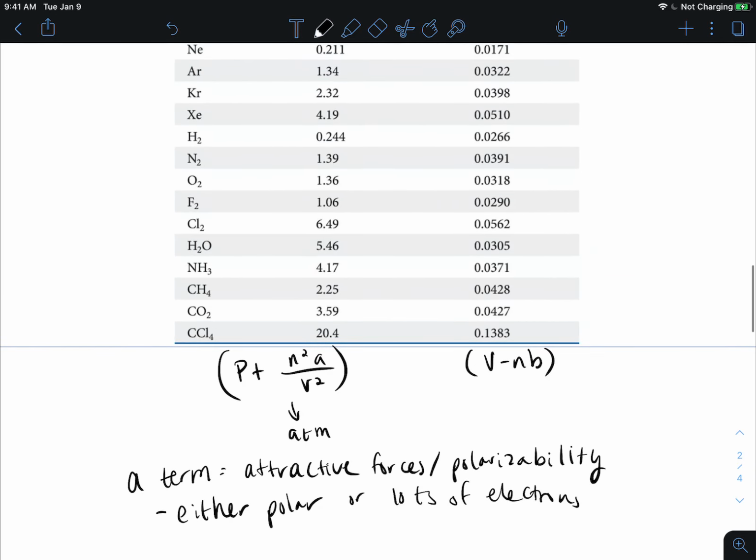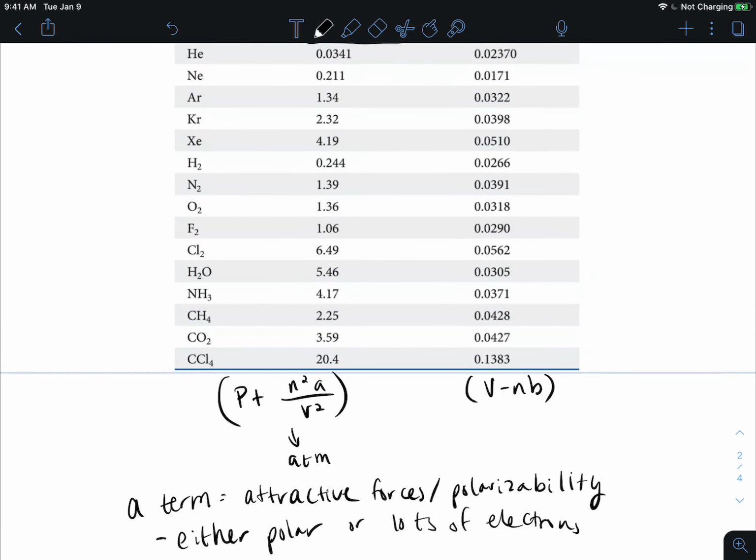If we look here at our a terms, we see that things like water have large a terms, which makes sense because water is a polar substance.